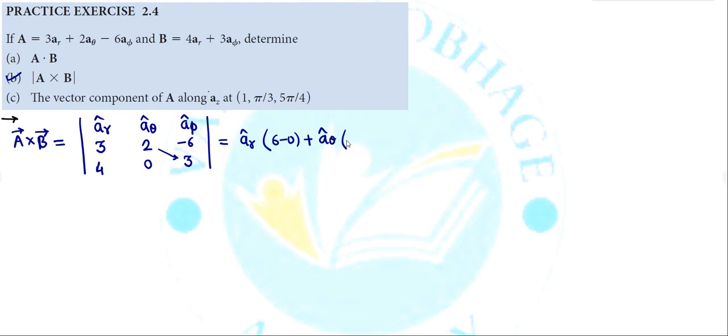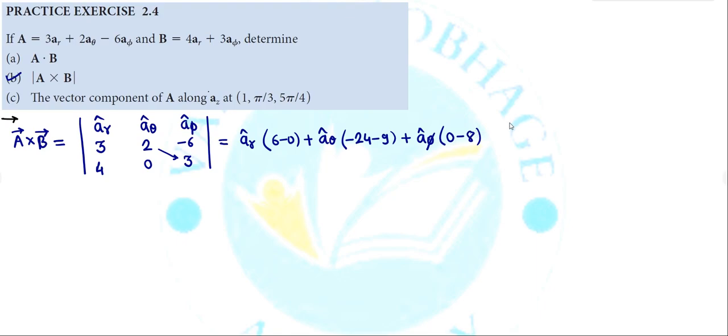So that will be minus 24. Then 3 into 3, so that will be minus 9. Then we have the A phi component as is over here, and then next the cross product: 3 into 0, so that will be 0, and 4 into 2, so that will be minus 8.